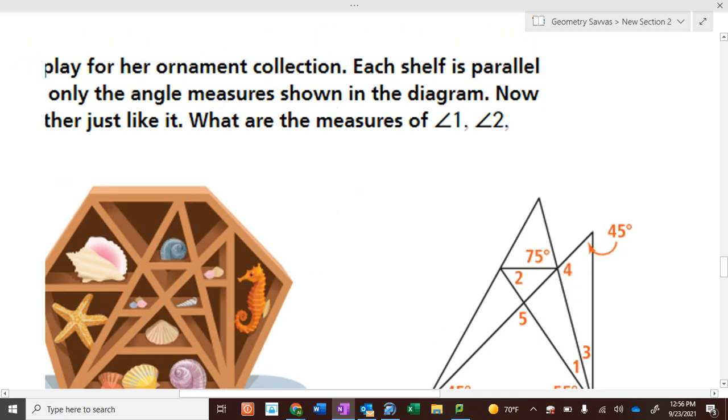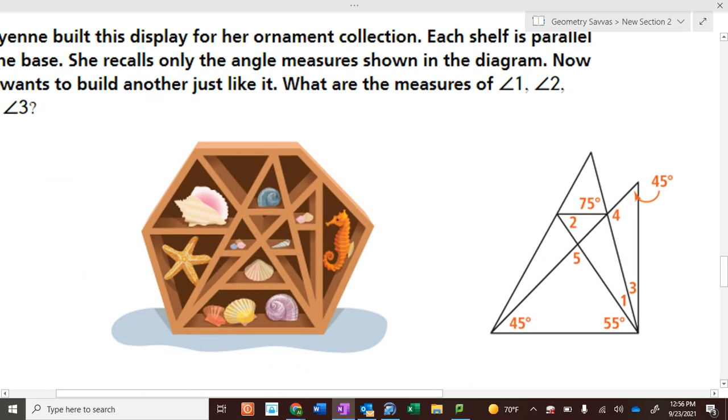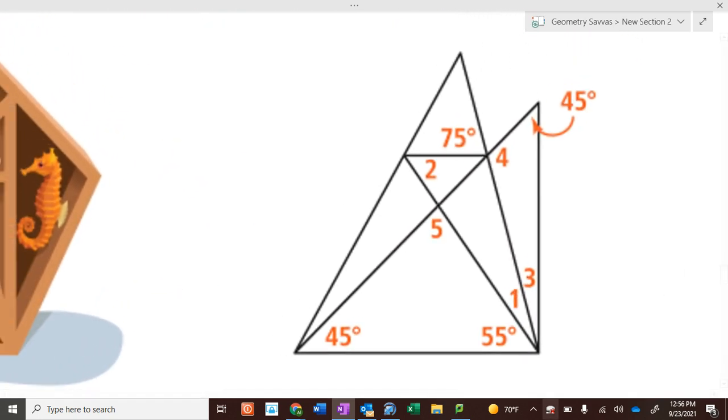All right. So, somebody's going to make this shelf. This and this are parallel. These are parallel. There's all kinds of angles going on. Let's figure out what those angles are. What do you think is the easiest angle to find? And don't say angle 1 just because it's first, because it's not the easiest to find. What's the easiest angle to find up there? 5.